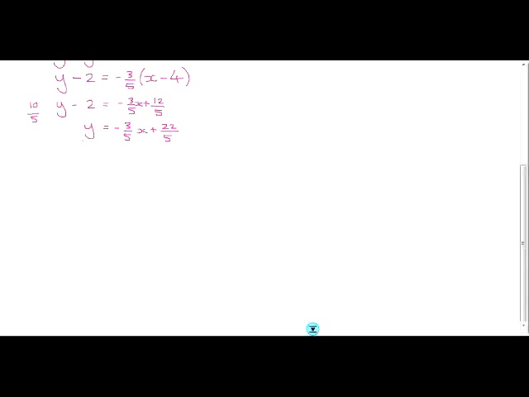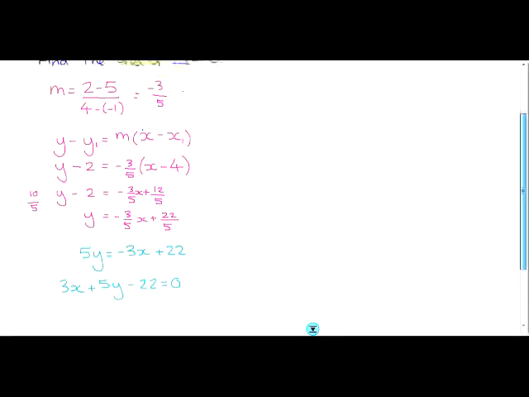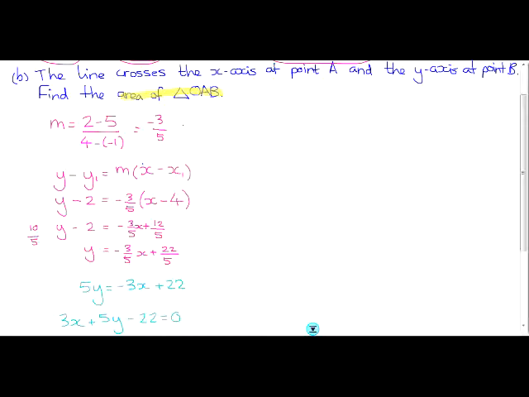So times by 5 to this side, and like I just showed you, this is one common denominator. So times by 5, I'm going to get minus 3x plus 22. It's going to remove it from that side. Get everything on one side, so this is negative, so I'm going to collect them on this side, so it's going to be 3x plus 5y minus 22 is equal to 0.